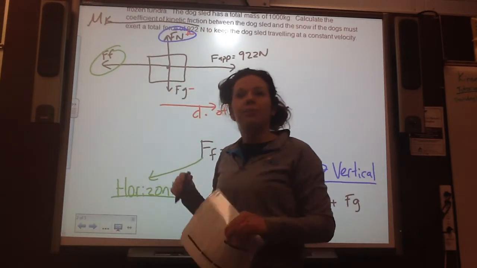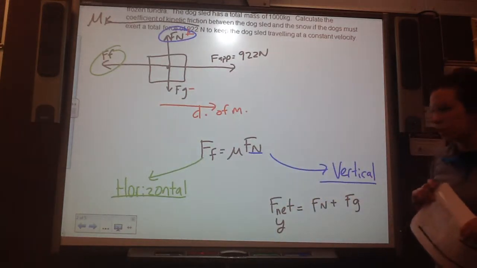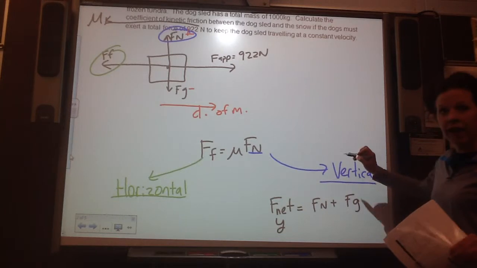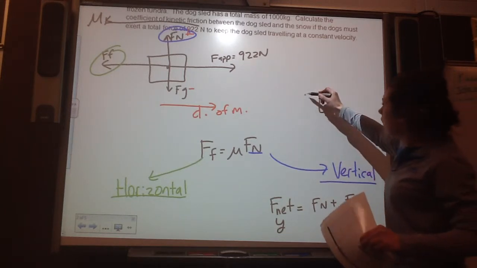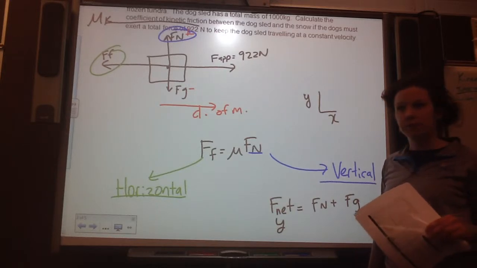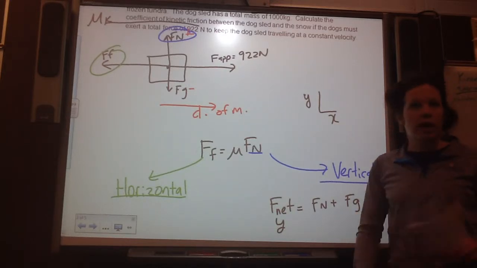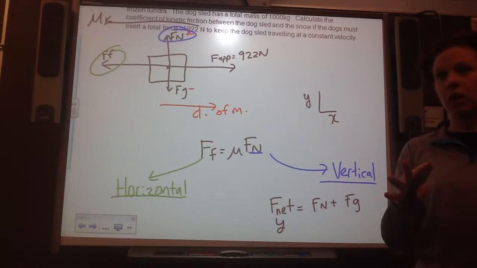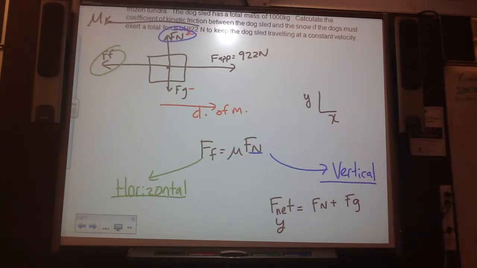So, why did you put the Y underneath the F? Because this is all about my vertical values. On a graph, your vertical is Y and your horizontal is X. I thought F net was horizontal. No, F net can be referred to horizontal or vertical. So when we did our gravity questions with the elevator, we had F net is equal to Ft plus Fg. Same here.